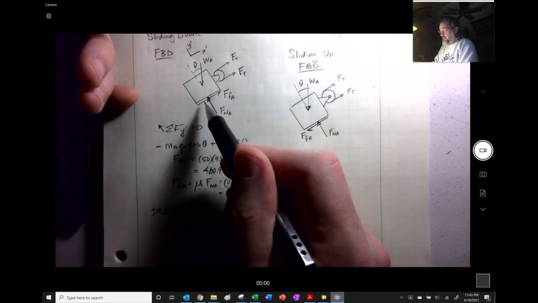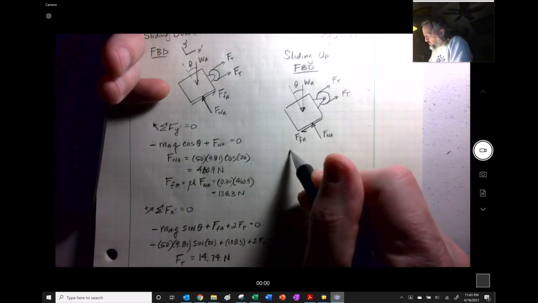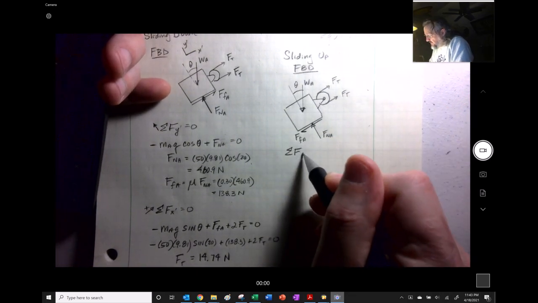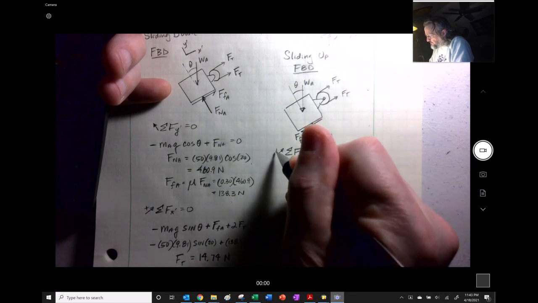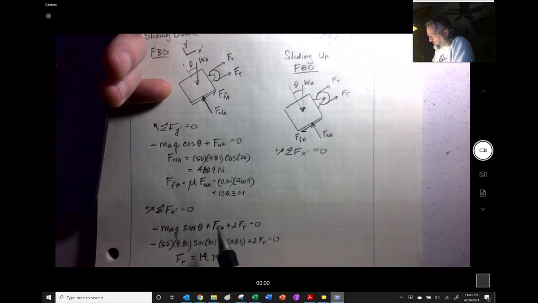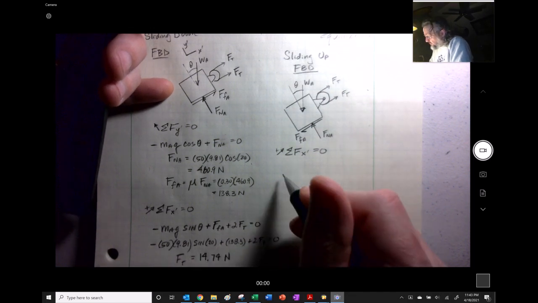That's the break-even point when this thing starts to slide. But if we do this over here, we go to the sum of the forces in the x prime direction equals 0. And now notice everything's going to be the same except for the sign of this friction right here, right?